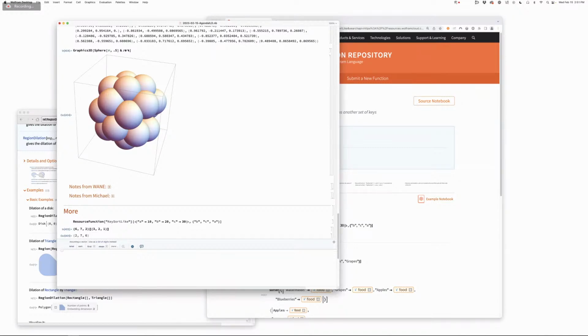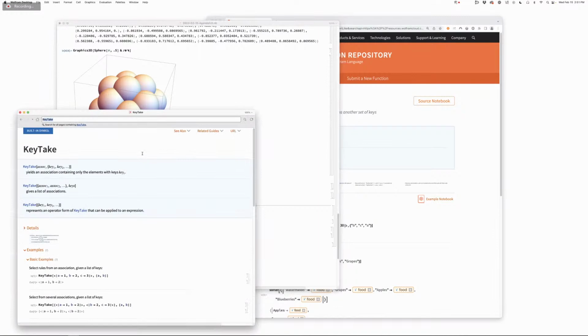You just want to reorder. I don't understand why it isn't a default in KeyTake, because KeyTake usually would take these, right? But the question is, what happens if there's a default? If you put all into the list, that isn't quite the right way to do it.